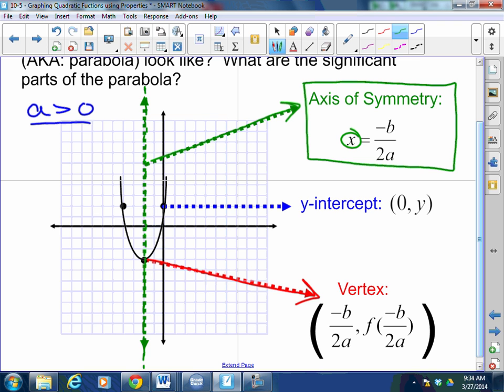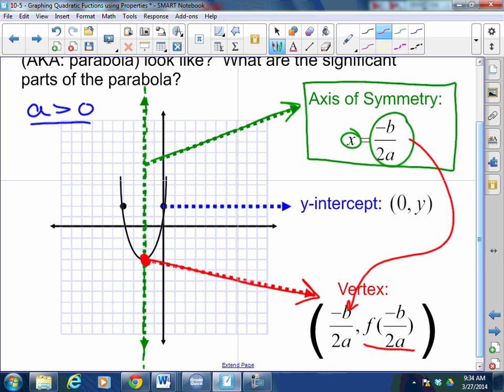Once I find that axis of symmetry value, I plug that value into the function and find my y value for that particular x. That will give me my vertex, which is right here. Is everyone with me so far? Then I can graph my y-intercept.